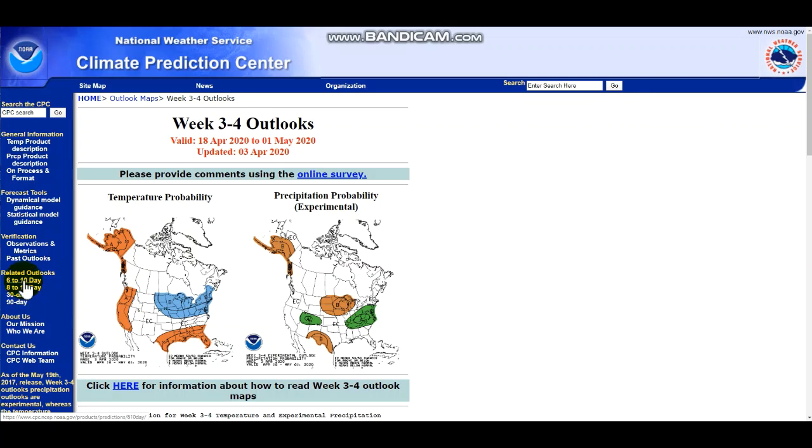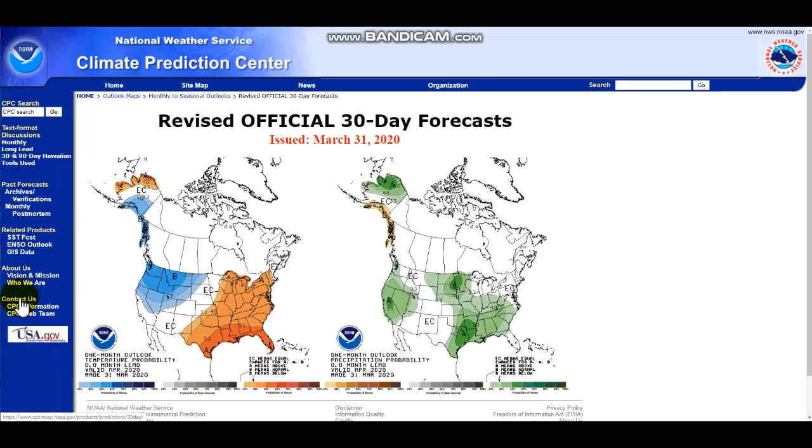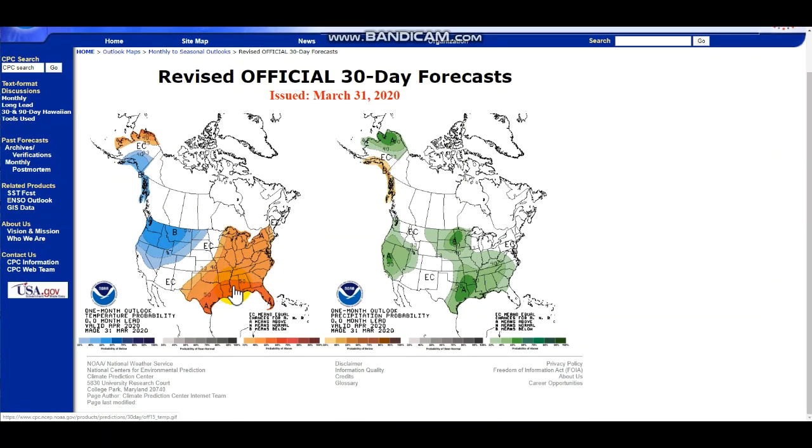The 6 to 10 and 8 to 14 is more reliable, but still that has been pretty tough as well. You can see this is the April forecast, which just by the looks of it will not hold true either. A little bit of warmth at the beginning, followed by lots of cold. So it's tough. It's really tough. You can see how weather forecasting really hasn't improved much in the last 10 years.